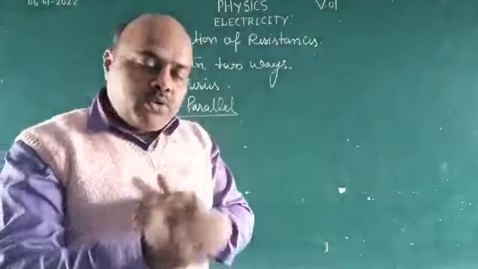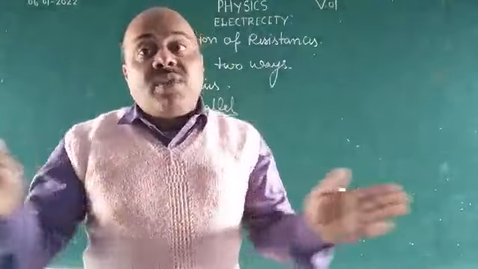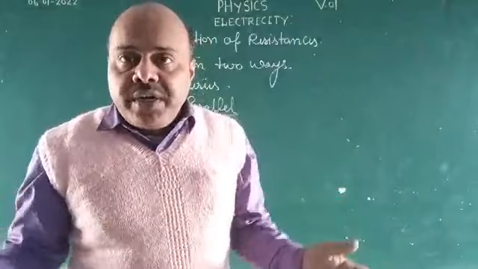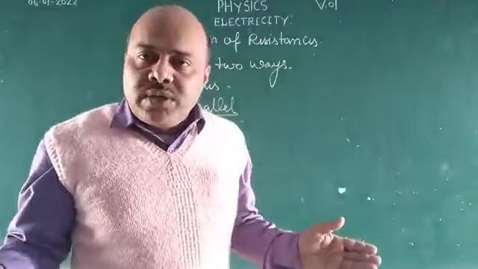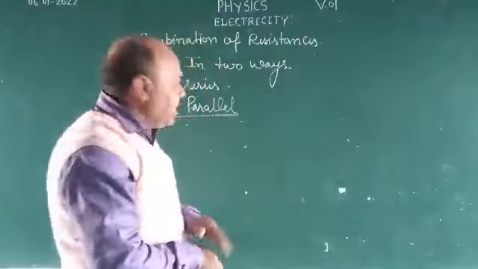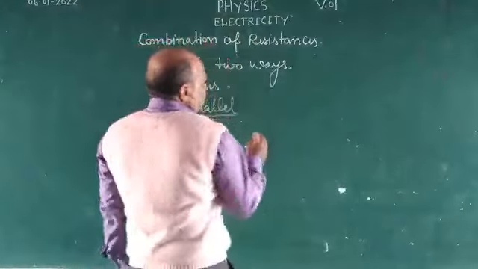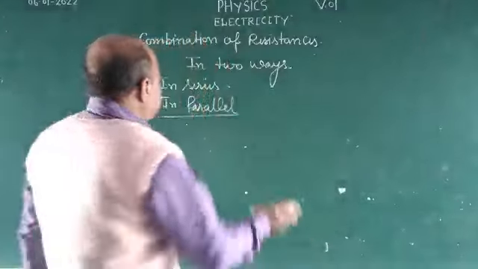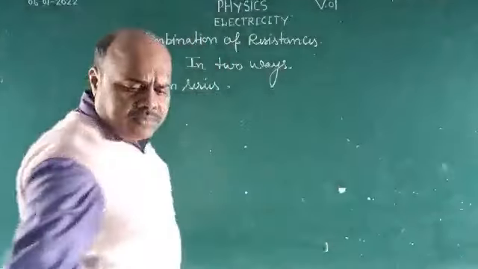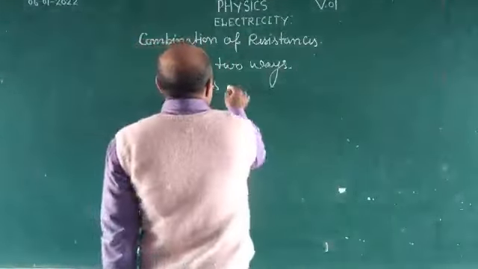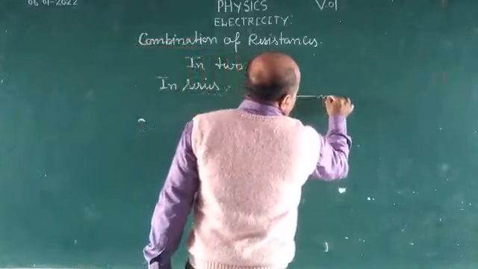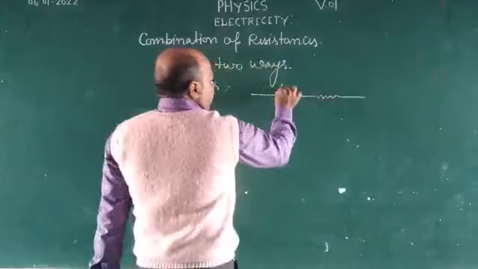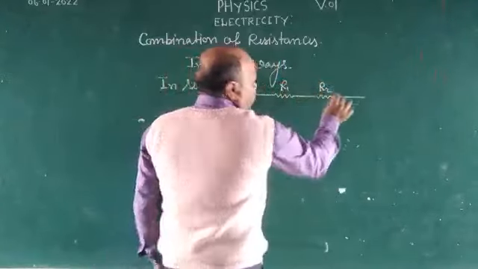So when two or more resistances are connected one after the other or end to end, this type of arrangement is said to be a series combination of resistances. Like you have two or more resistances, this is R1 and this is R2.